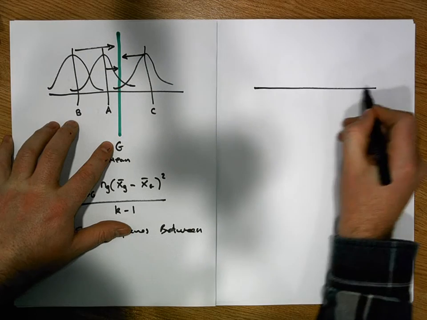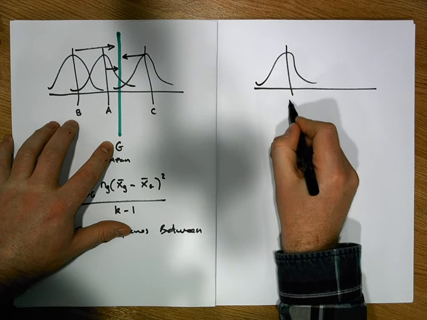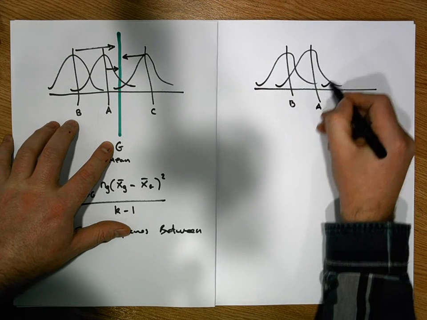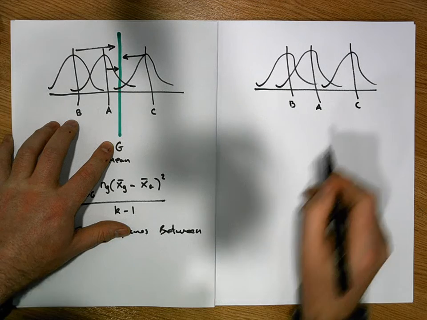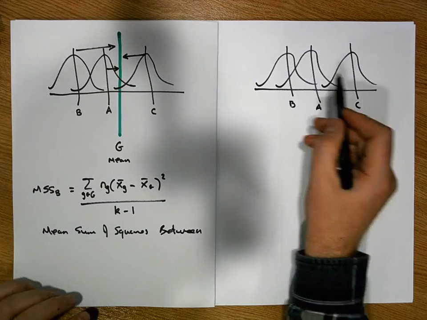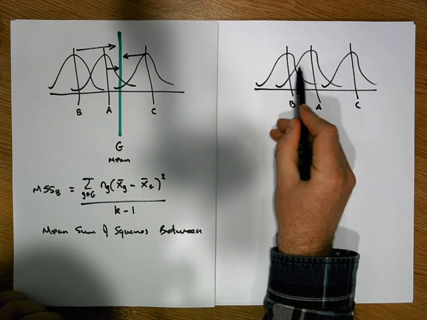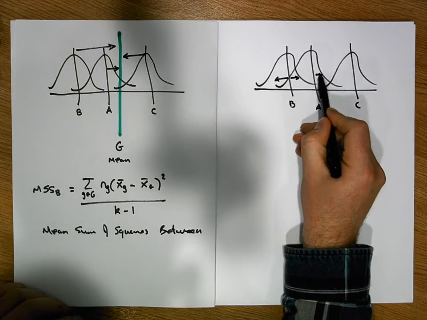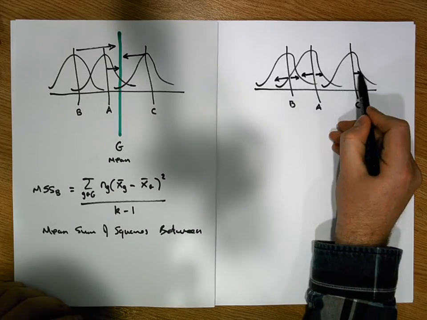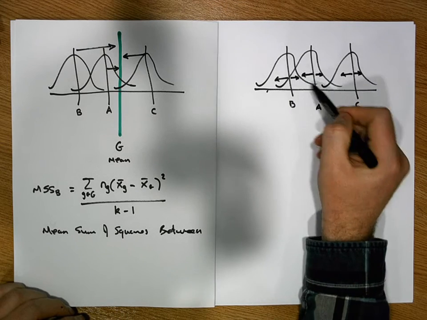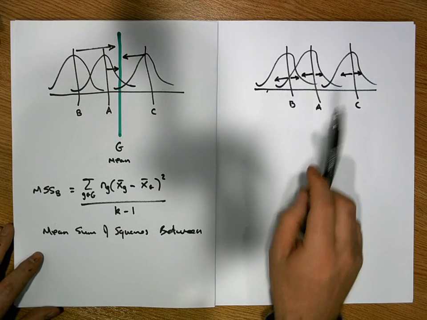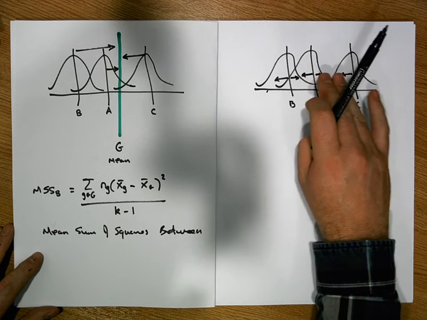We have group B, let's say we have group A and we have group C. For the second measure, we calculate within each group how skinny the groups are themselves. Really we're calculating a measure of variance that tells us how skinny each of our individual groups are.